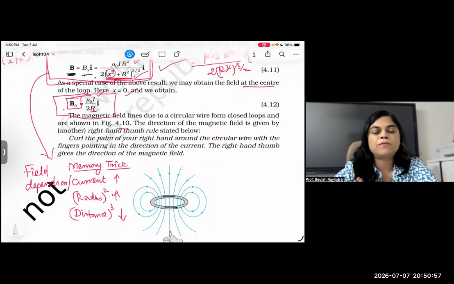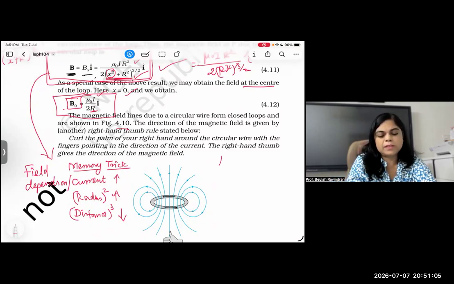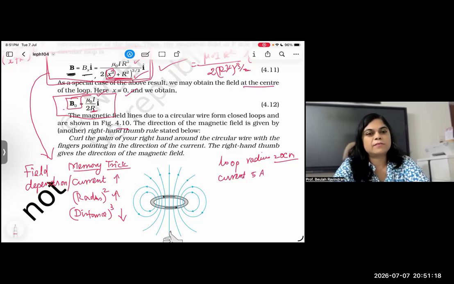So the center formula also. Suppose, for example, I give you the loop radius as 20 centimeter and current 5 ampere. What is the field at the center? You can easily solve it, right?